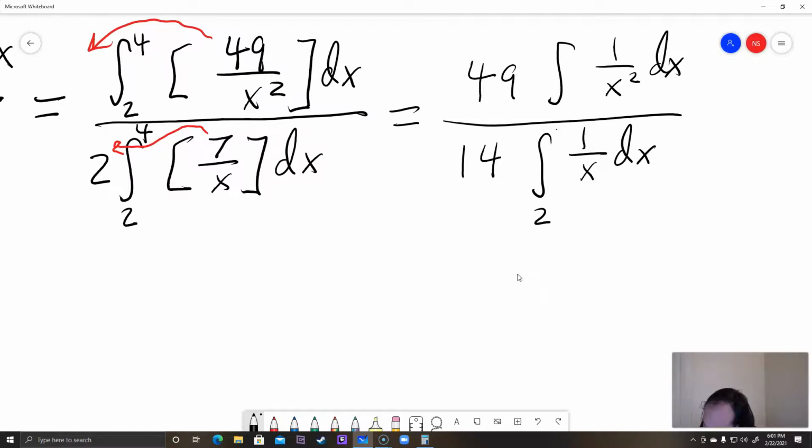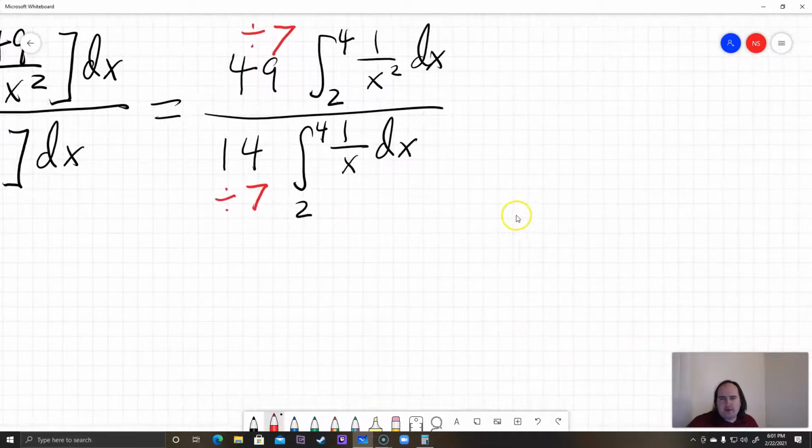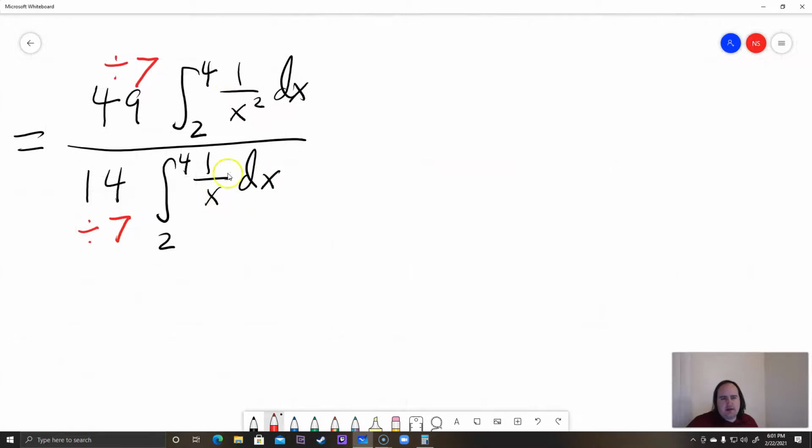And both of those integrals are from 2 to 4. So with 49 and 14, the only common factor is going to be 7. So I can divide the top and the bottom by 7. Then all we have to do is integrate this function and that function on the bottom. So 49 divided by 7 is 7, and 14 divided by 7 is 2.